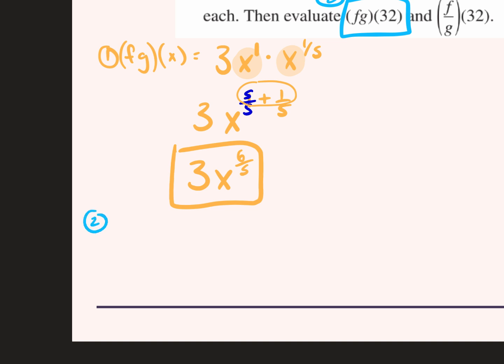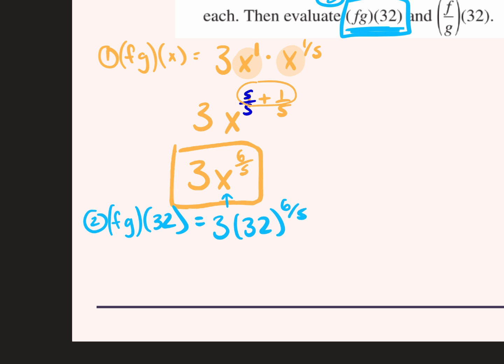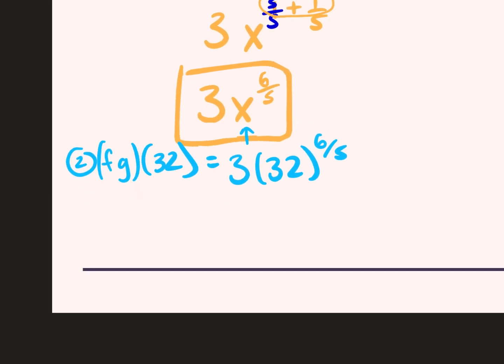The second part of this question says we have to find f times g of 32. So what does that mean? What do I have to do here? Plug in 32 into the x. So I have 3 times 32 to the 6/5 power. How would I simplify this?